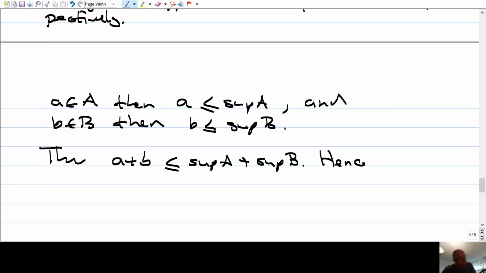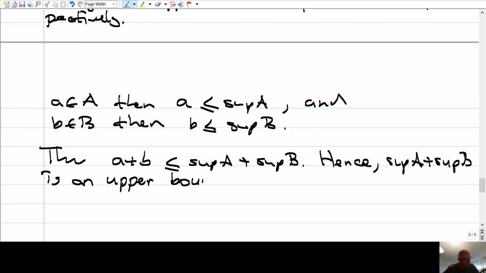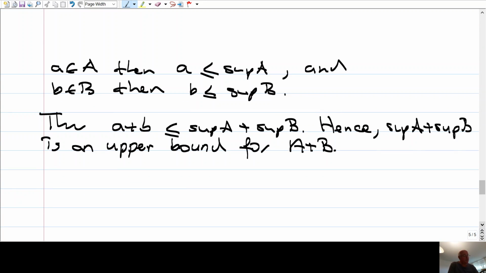Therefore, this real number is an upper bound for the subset A plus B. Hence, sup A plus sup B is an upper bound for A plus B, right? Well, this means that the subset A plus B, first of all, is bounded from above, and not only that, but we also know that it has a supremum, because any subset which is bounded from above has a supremum.